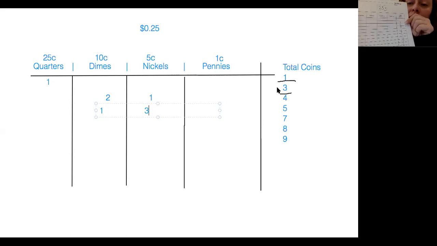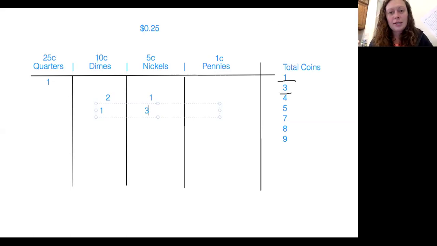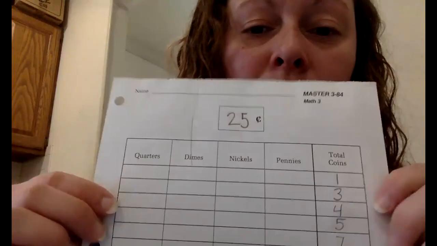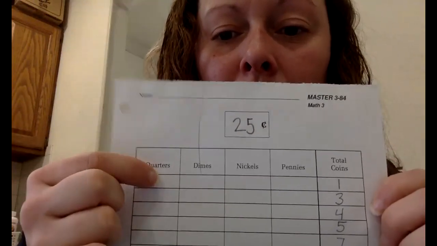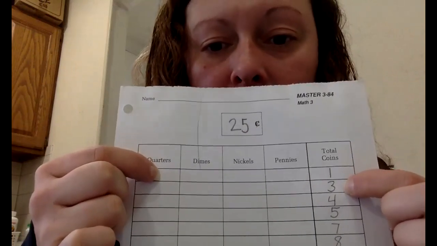So on your sheet, you would put 1 quarter. Here we're using 3 coins, so we're going to put 2 dimes, 1 nickel.